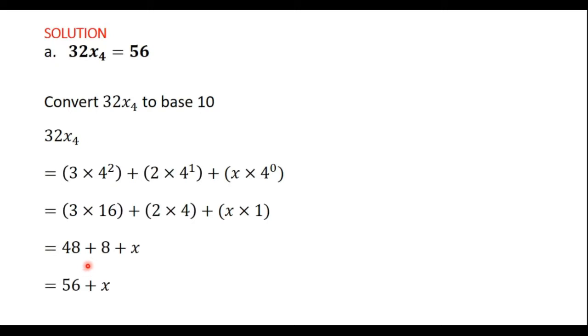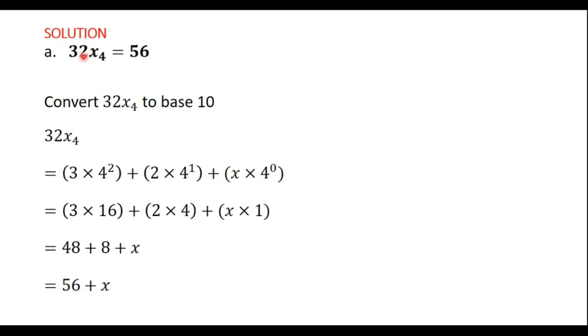From algebra, we know that 48 plus 8 plus x gives us 56 plus x, since 48 plus 8 gives us 56, then plus x. These are not like terms, so we have to leave them like this. If you watch the video on algebra, you know why this must be left like this. So we have 56 plus x.